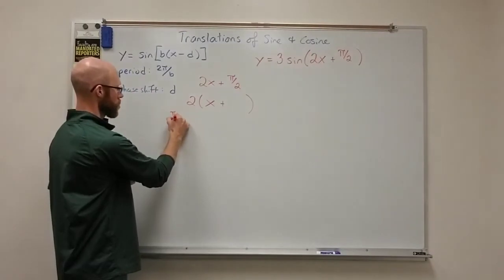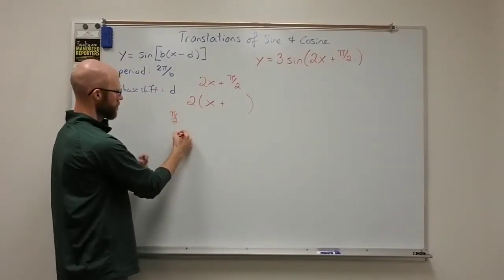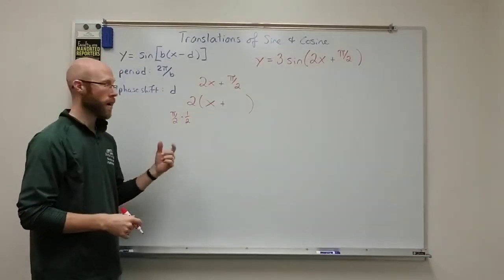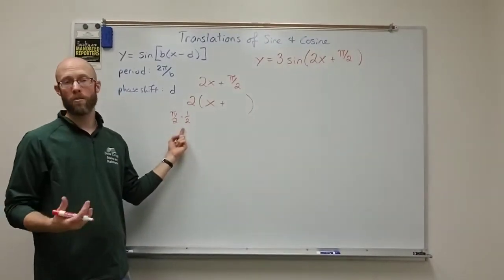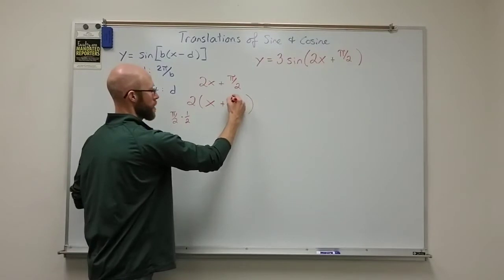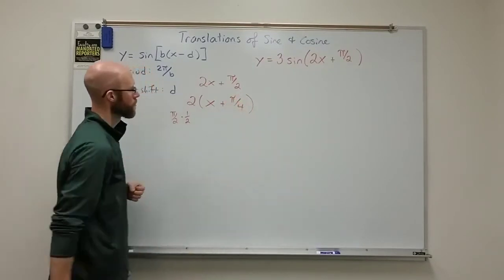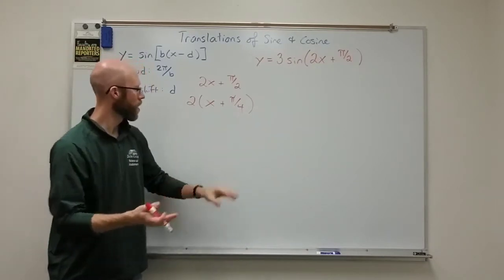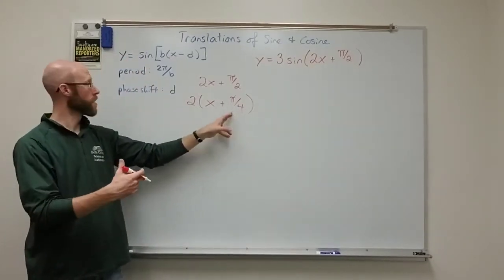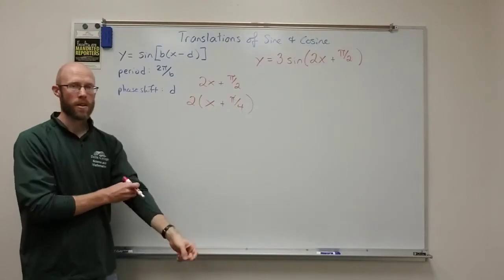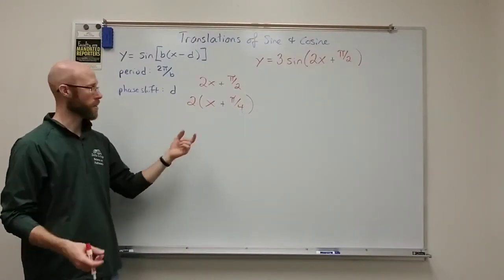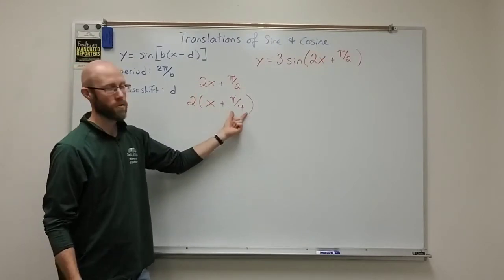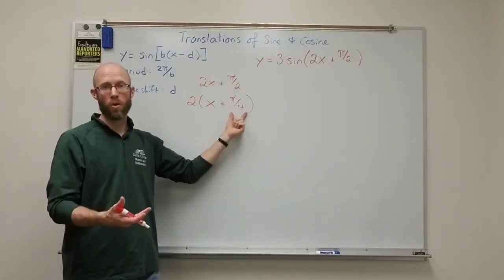So if I take pi over 2 and divide that by 2, or again multiply by half, same thing, you'll end up with pi over 4, right? You double the denominator. All right, so pi over 4 would be the phase shift. Okay, and you can always check this, make sure you factored it correctly. 2 times x is 2x, and 2 times pi over 4, well, 2 quarters is a half, right?